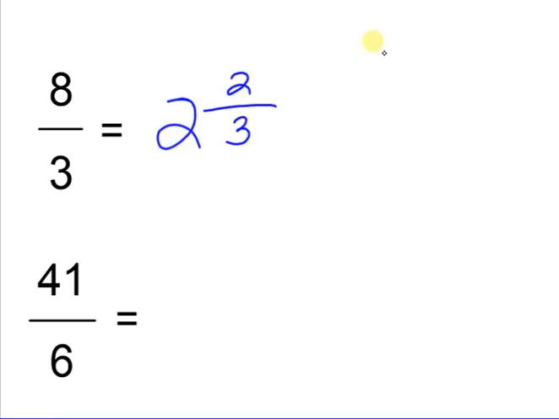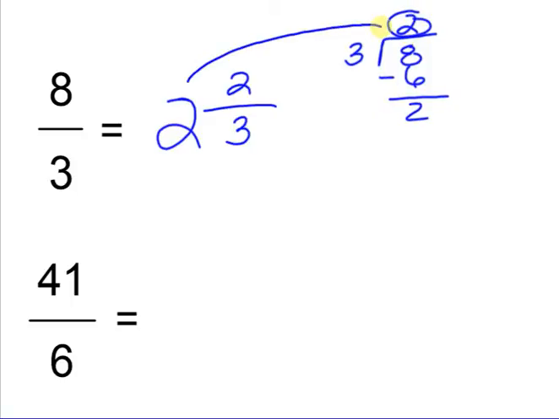But now let me show you the division way. So 8 divided by 3, it goes in 2 times, 6, 2. So this is your whole number right here. This is your new numerator right here. And that's your denominator right there.